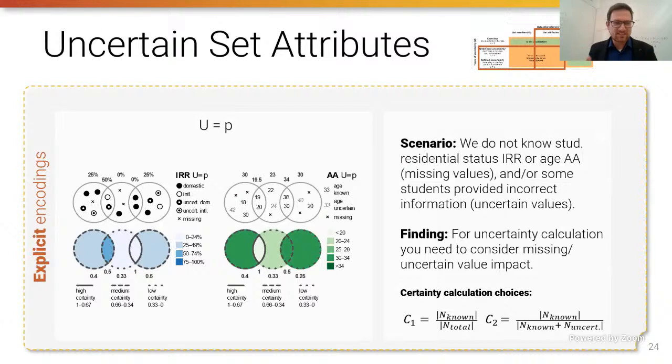If we go to this extreme case, where we wanted to look into really the uncertain attributes, then we even have to consider how we are treating missing values and uncertain values in the calculation. Because it makes a difference whether we say uncertainty or certainty is calculated as known values versus total values, or known values versus the known values plus the uncertain values. So this makes a humongous impact.